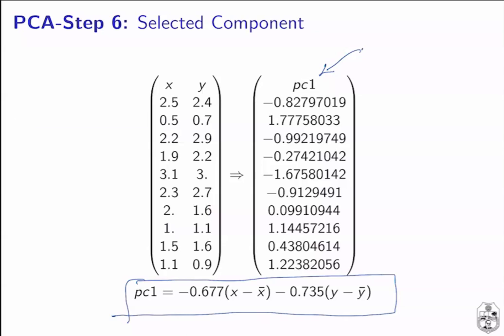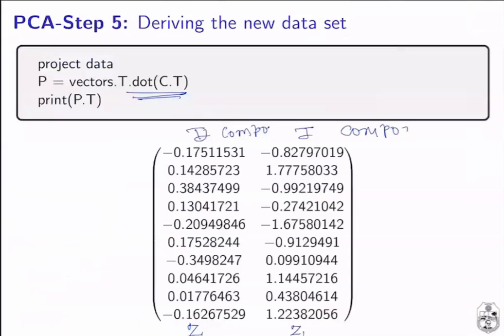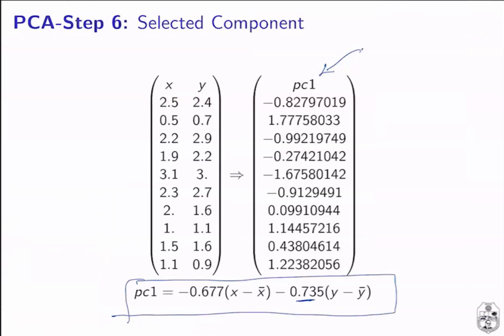Because minus 0.677 is my first value in the second vector, and this is the second value, 7.34. And here x means the original input feature, x bar means the mean for x, y means the second input feature, and this is its mean value. Now the PC1 is the linear combination of these.